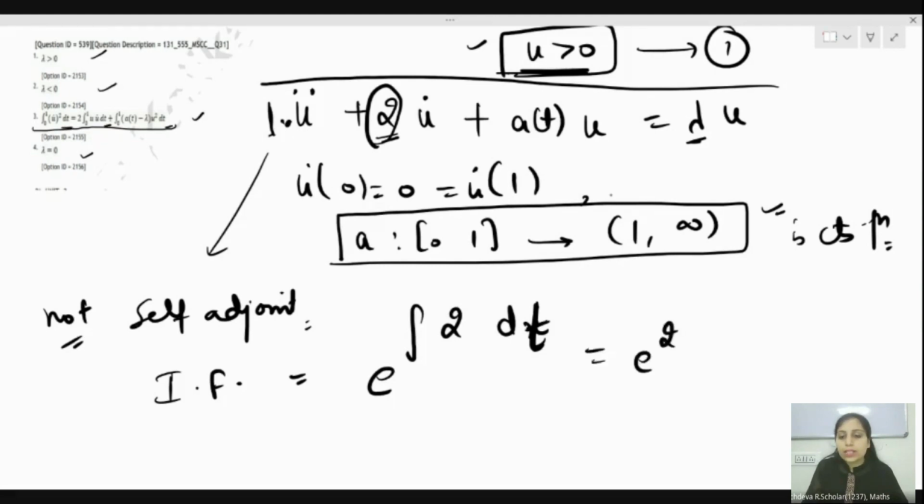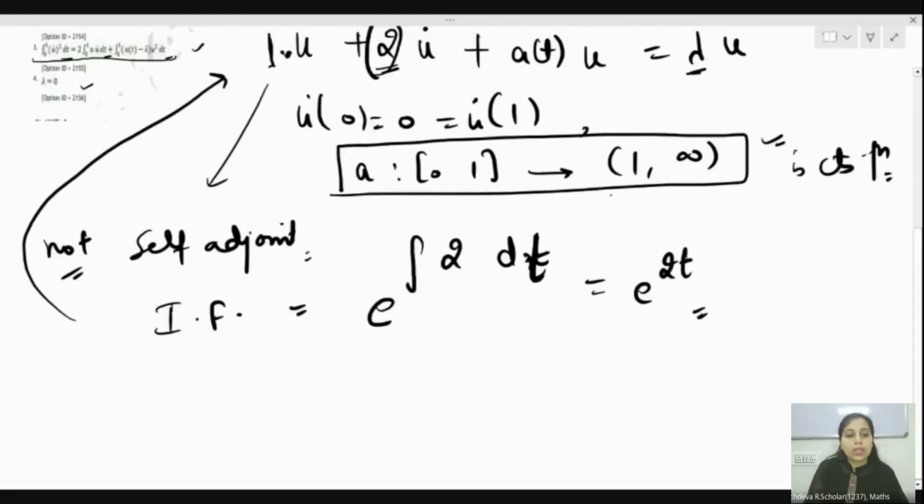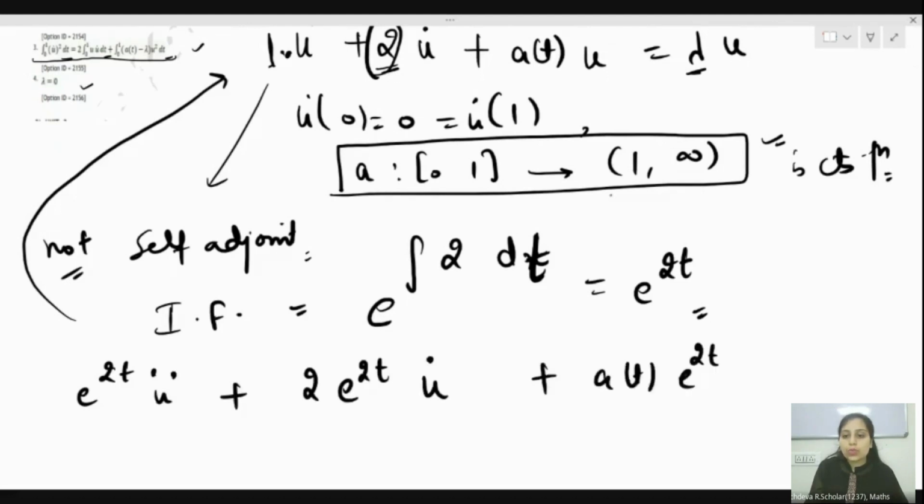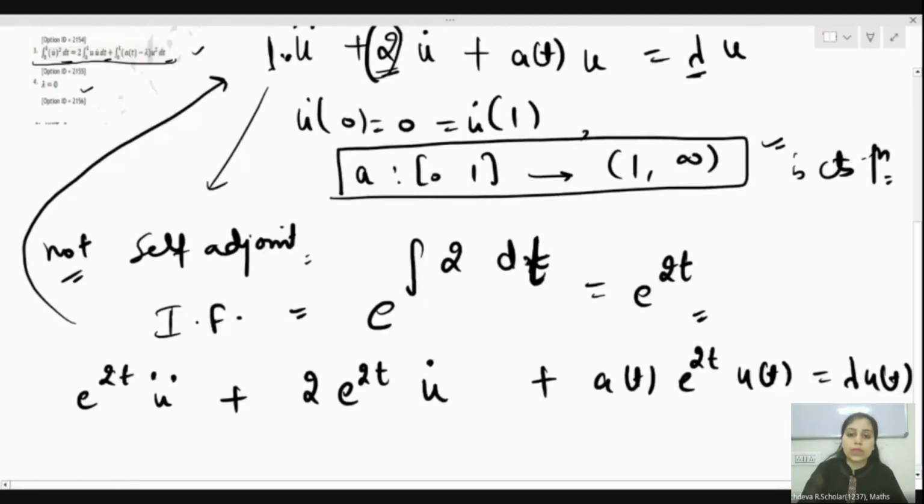So we get e raised to power 2t as the integrating factor. So multiplying the given equation by the integrating factor, we get e^(2t) u double dot plus 2 e^(2t) u dot plus a(t) e^(2t) u(t) is equal to lambda u(t).